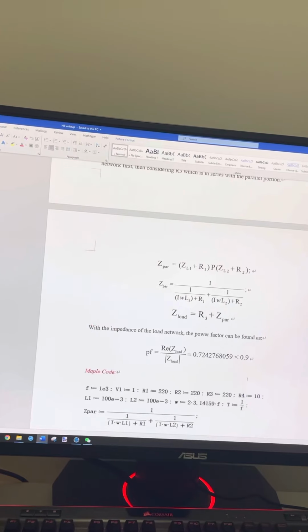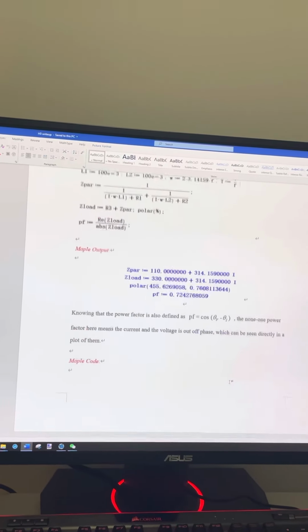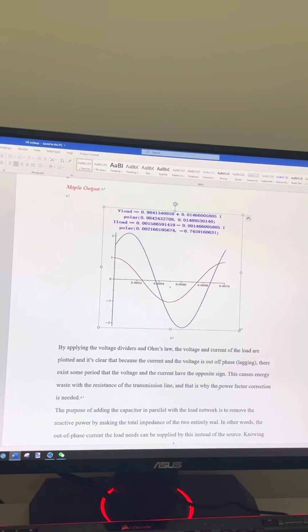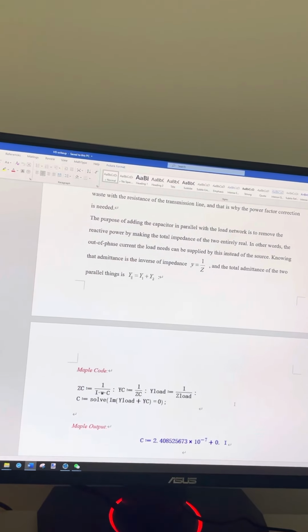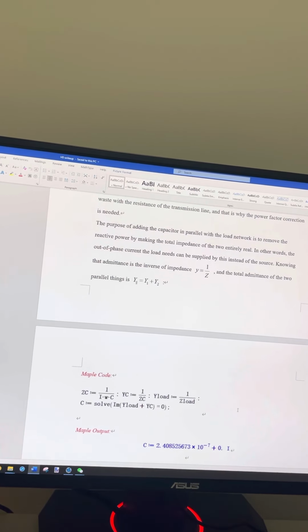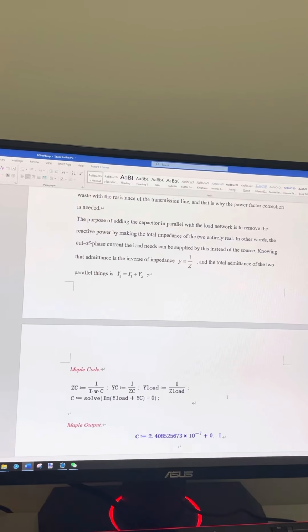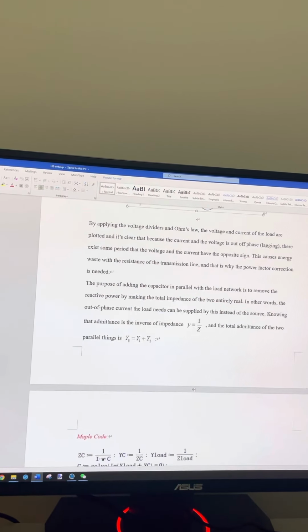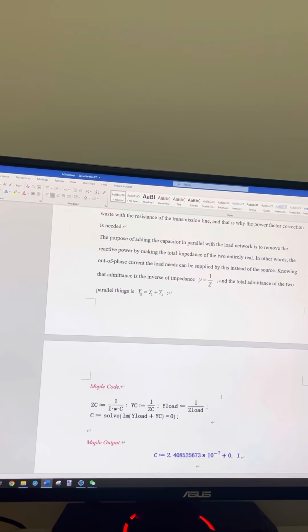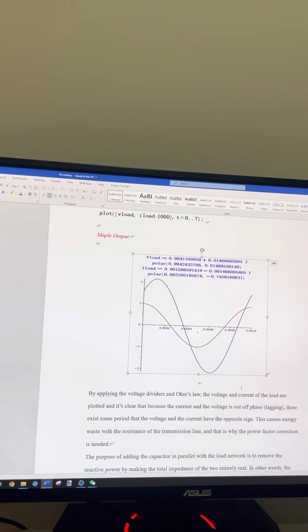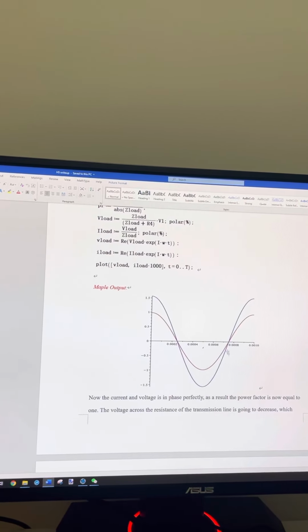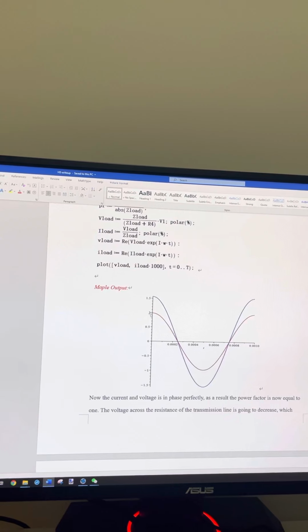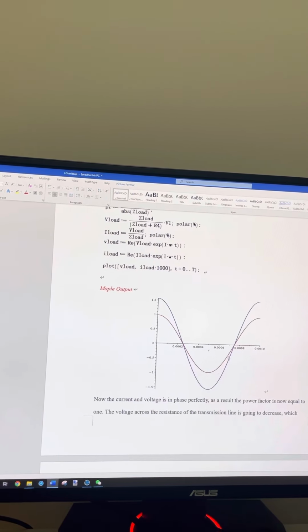Because we had an inductor in the load network, the opposite of it is of course to add a capacitor in parallel with the load network. That cancels out the impact of the inductor part and makes the power factor become 1. So the plot is going to be something like this, and this is what we expected for a very high power efficiency.